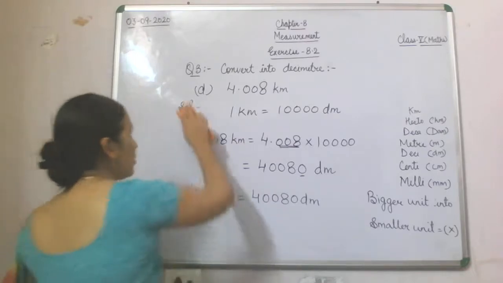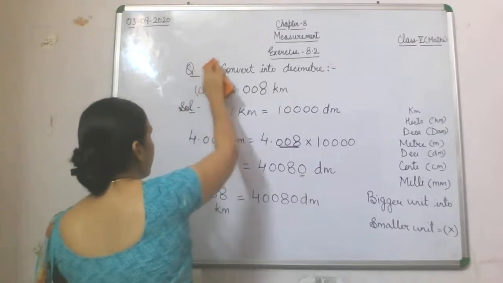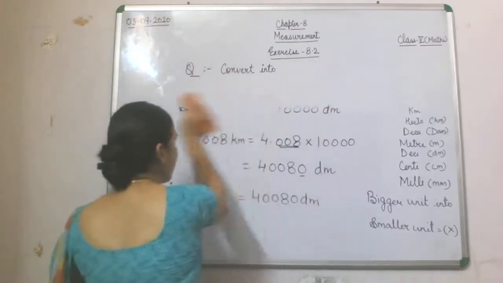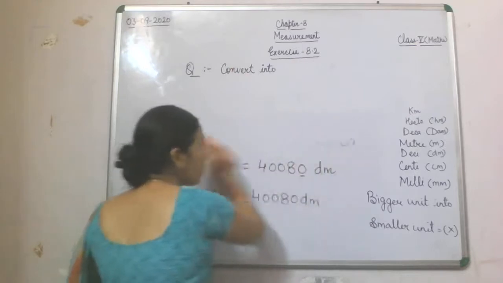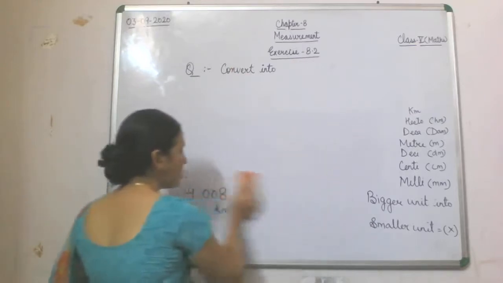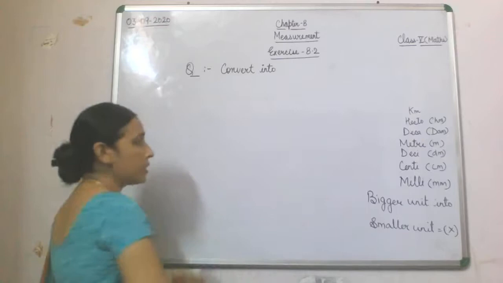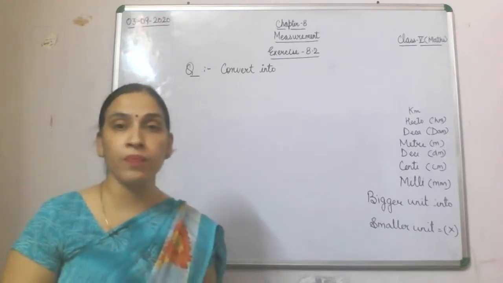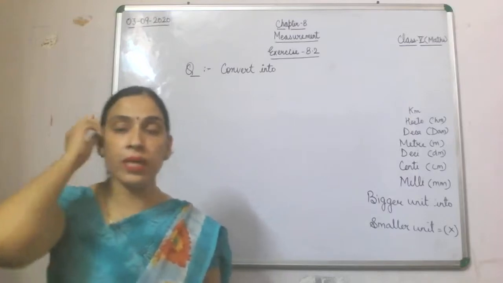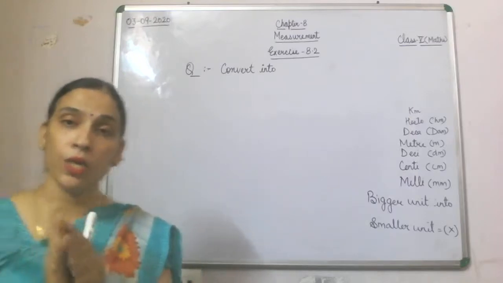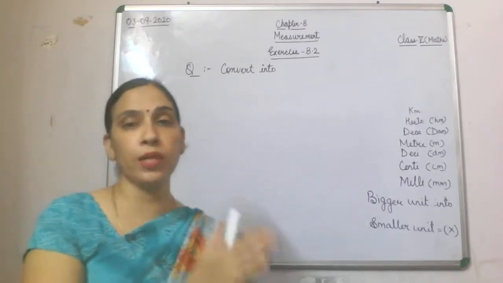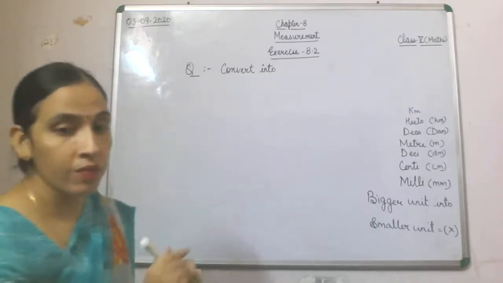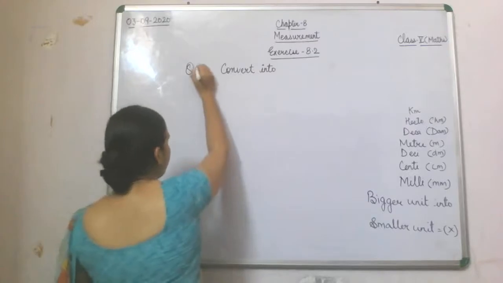In this question 4, convert into meters, all the questions have been given in kilometer, and you are supposed to change them into meter. These measures of length are also very important. Different measures of length were there, and how you can change from one unit into another is also very important. Now question 4, let's see.